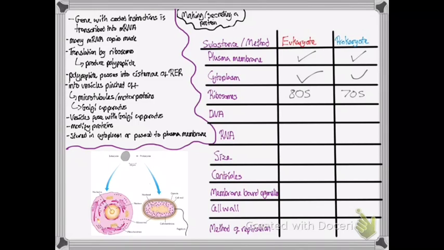Then we can look at DNA. Both eukaryotes and prokaryotes have DNA, so let's give them a tick. But in prokaryotes, the DNA is not wound around histone proteins. It is free. So we'll put free DNA here.